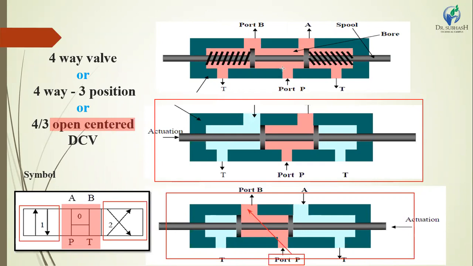Open center means the oil passes from port P, and then passes to tank T, port A and port B. In this condition all ports are open, and the hydraulic oil passes from the pump through tank T, port A and port B. That position is called open center.